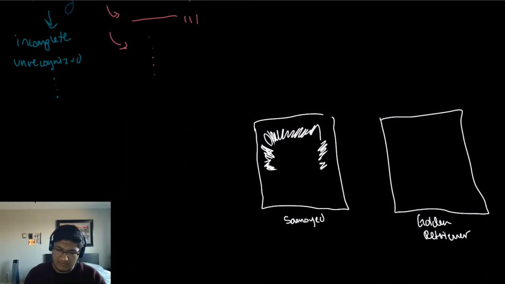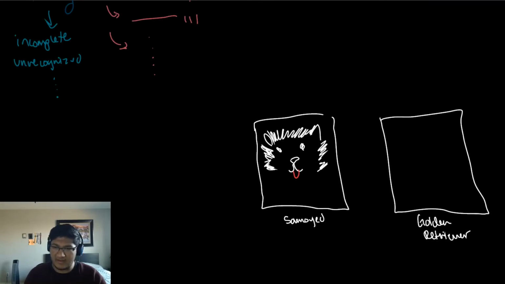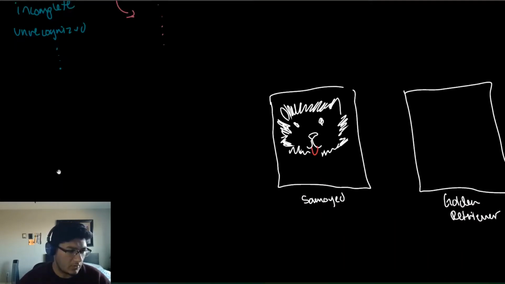Oh god, why is it glitching so much? They have a nose. There we go. I have a Samoyed at home. I can't draw one. Uh-oh. That's its nose, and that's its tongue. Alright. Now I have to find how to draw a Golden Retriever. Just give me a second. Okay.